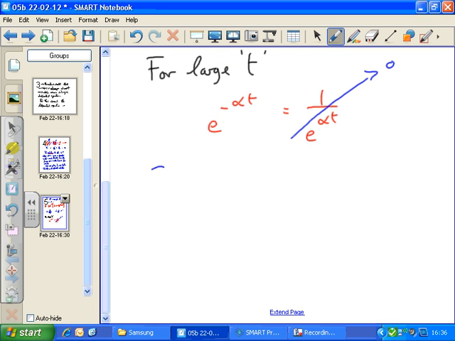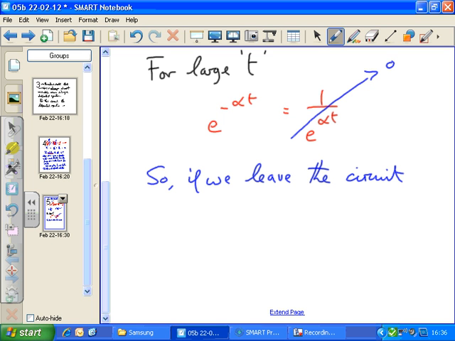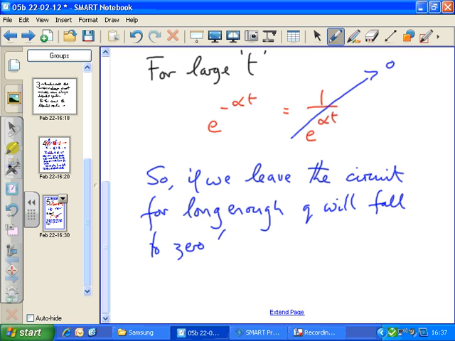So if we leave the circuit for long enough, Q will fall to 0, i.e. the capacitor discharges, which is what we would expect.